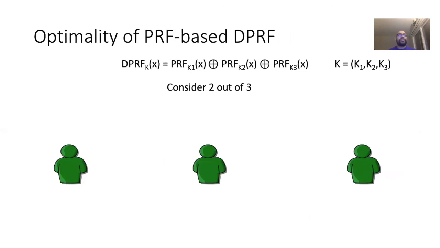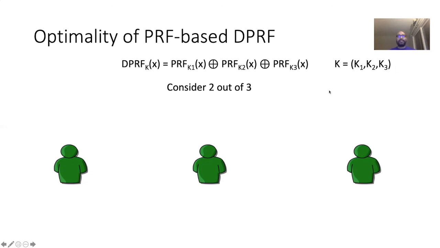Now let me briefly talk about the PRF-based DPRF construction and why it's optimal even in the adaptive setting. Let's consider 2 out of 3 threshold, because otherwise it's a little hard to explain. In the 2 out of 3 case, the DPRF is the XOR of PRF of K1, PRF of K2, and PRF of K3, and the key K consists of different PRF keys K1, K2, and K3.